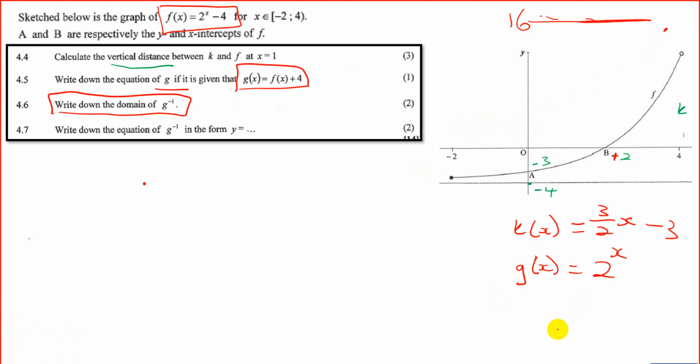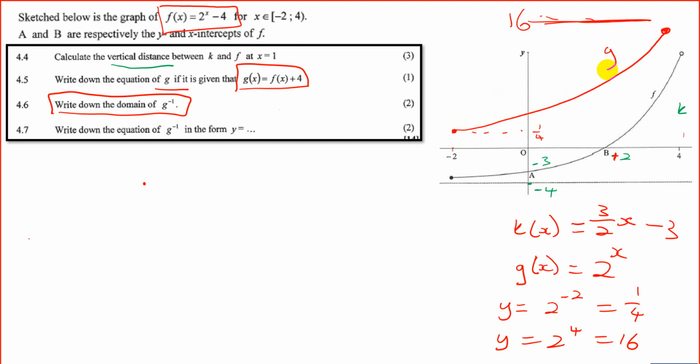Because the domain is restricted, we're going to go to minus 2, and if we substitute minus 2 in here for y, we would get 1/4. So the G graph is starting at 1/4 for your y value, and the last x value we're substituting there is going till 4. So if we substitute 4, we would get 16, and that'll take us to the point called 16, and we're looking at a G graph looking something like that.